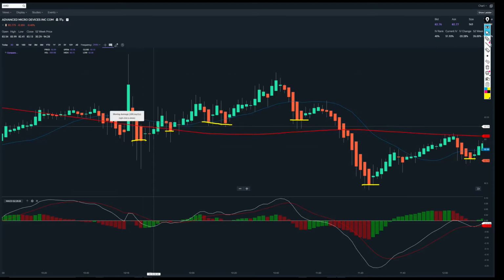So let's go to the next one. After this move up, we had a slight move down. We went from a high of 83.37 down to a low point of 82.96. But once again, we've got a reversal bar, which means there's a high probability of that trend reversing and going back in the opposite direction, which is what happened.